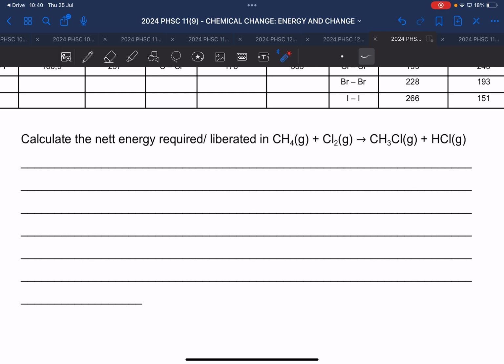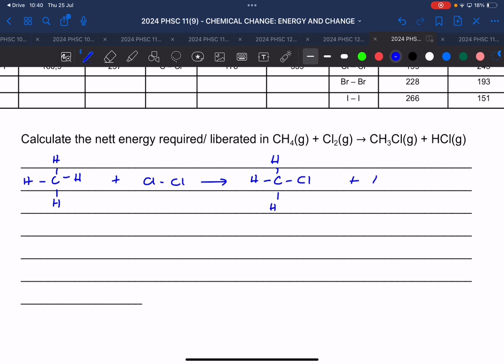If you look at it, we have methane there, and then you have chlorine, and that gives you chloromethane and hydrochloric acid. Do you think you'll be able to draw that? Okay.